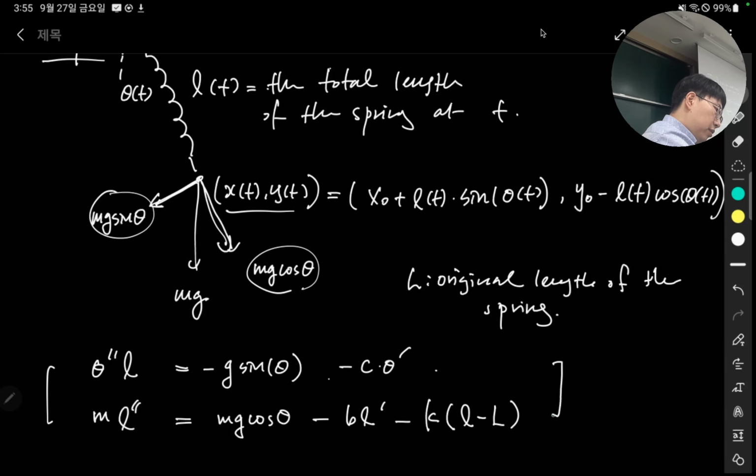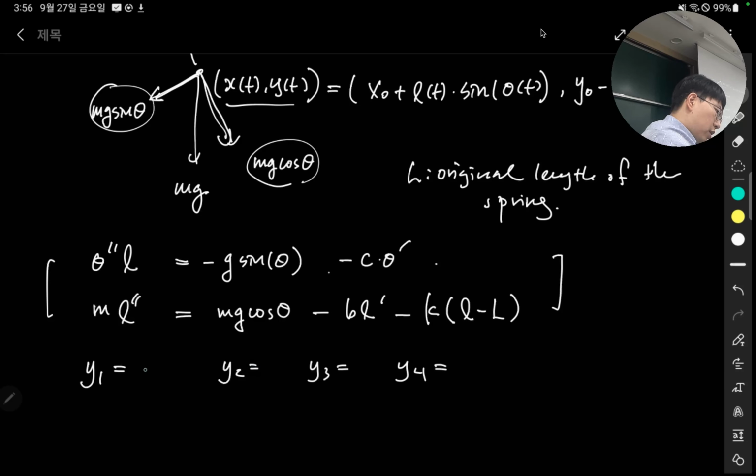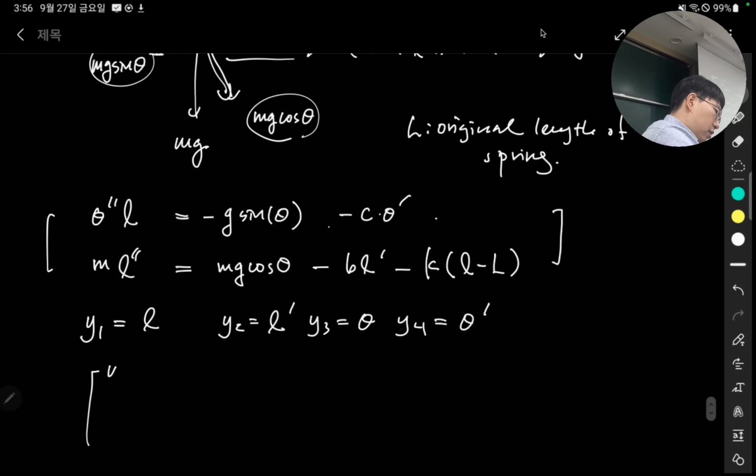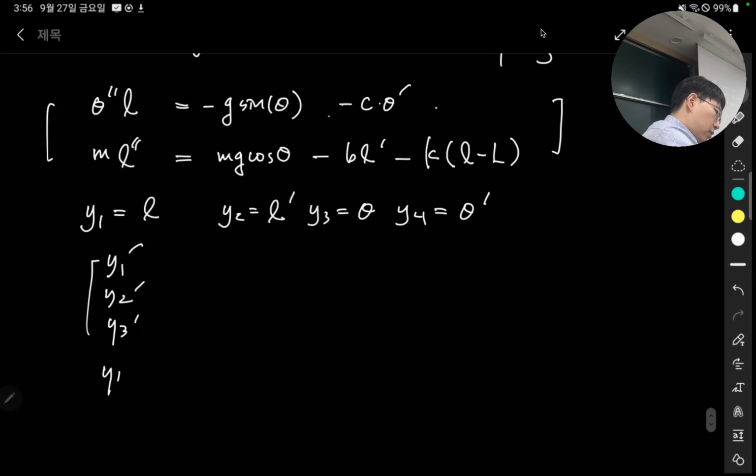So we have these two sets of equations. Now you need to make it into a set of first order differential equations, right? I'm going to set four values: y1 to be L, y2 to be L prime, y3 theta, y4 theta prime. So then y1 prime, y2 prime, y3 prime, y4 prime is what? First one is y2.